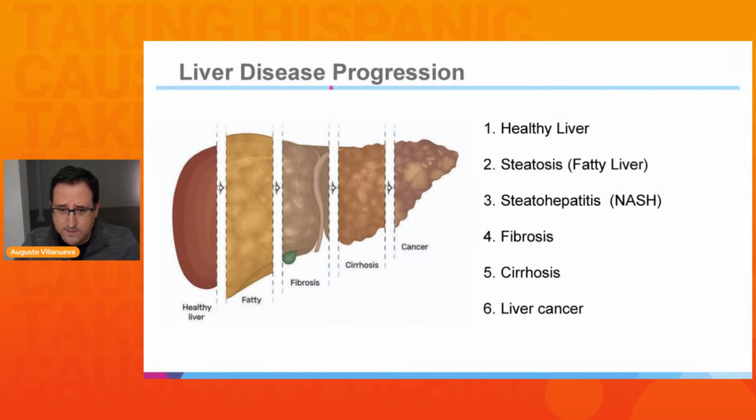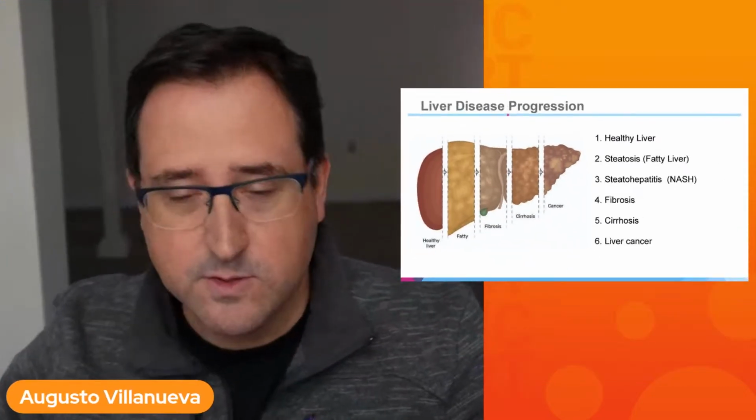There's a final stage: patients with a lot of scarring and cirrhosis are at increased risk of developing liver cancer. So that's why we need to cut this natural history of the disease from the beginning. We need to prevent the development of hepatitis, which will prevent the development of scarring, cirrhosis, and ultimately cancer.